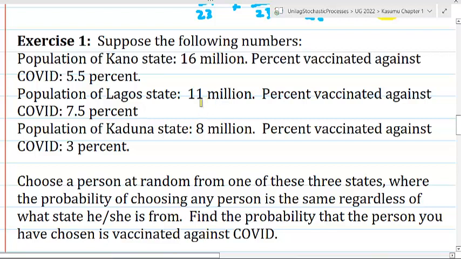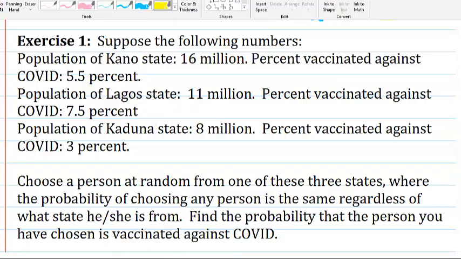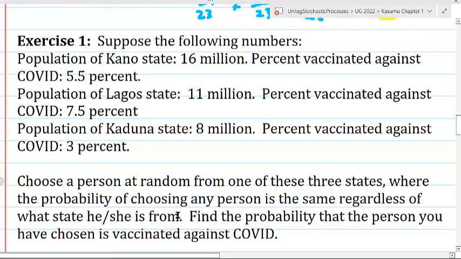And that's the same probability for individuals from Kano State, Lagos State, or Kaduna State. So, find the probability that the person you have chosen is vaccinated against COVID. Use your conditional probability formula to find this probability.